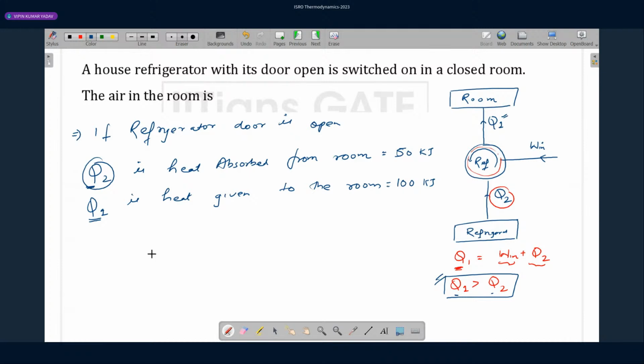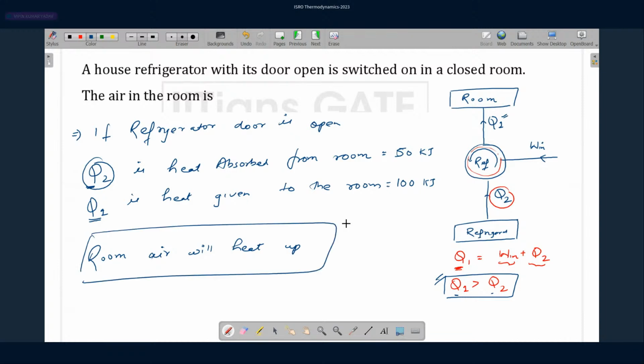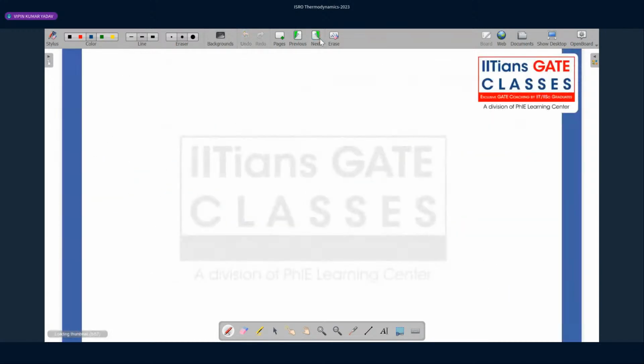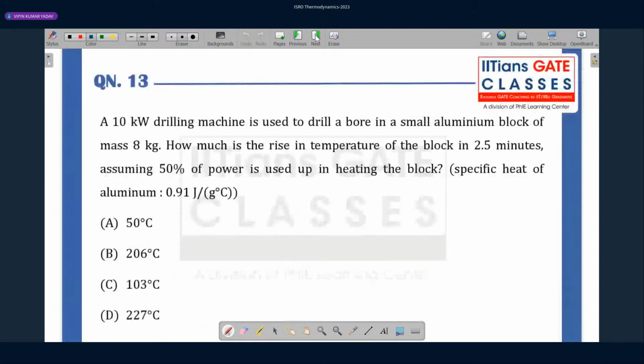So therefore, room air will heat up. So what is the right answer? It is heated, right? Sure. Let's move on to the next question.